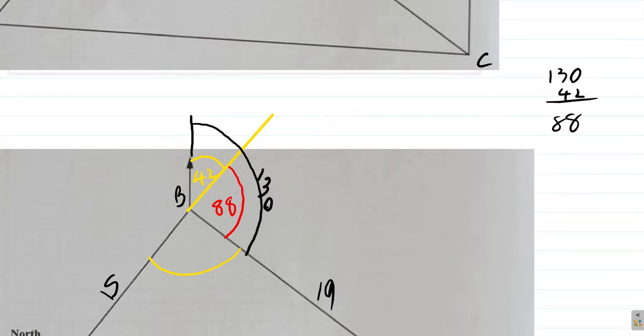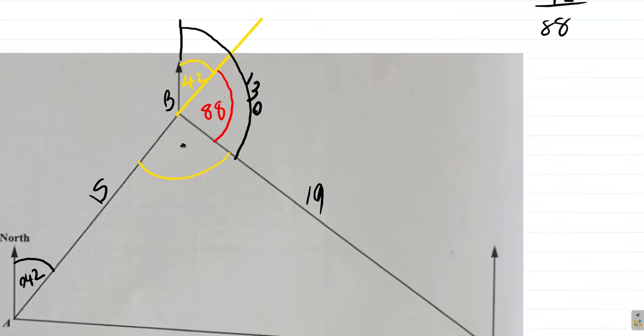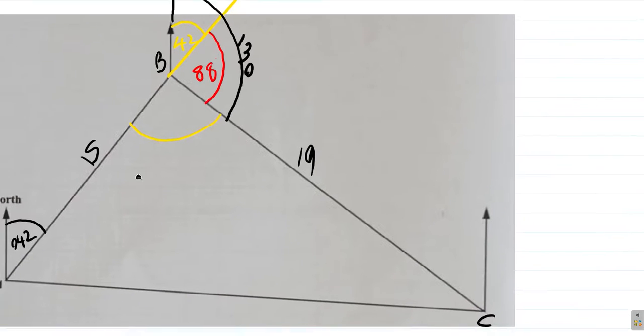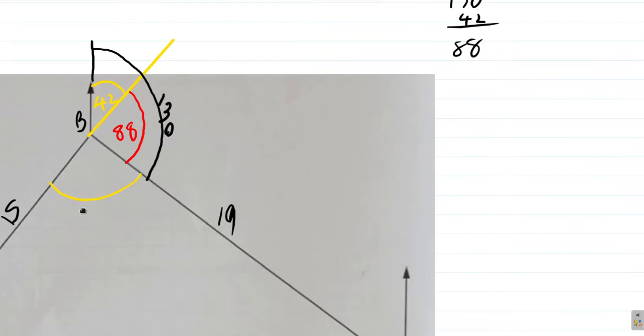But remember now, going straight along this line is 180 degrees. So this angle in here, call it angle ABC. ABC would be 180 minus 88. Right?